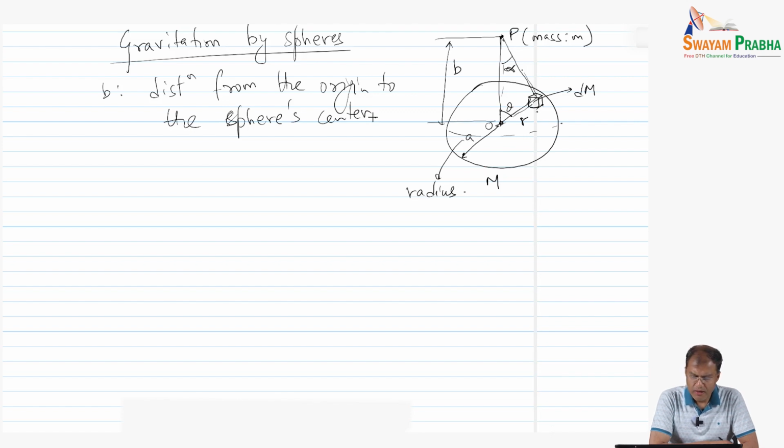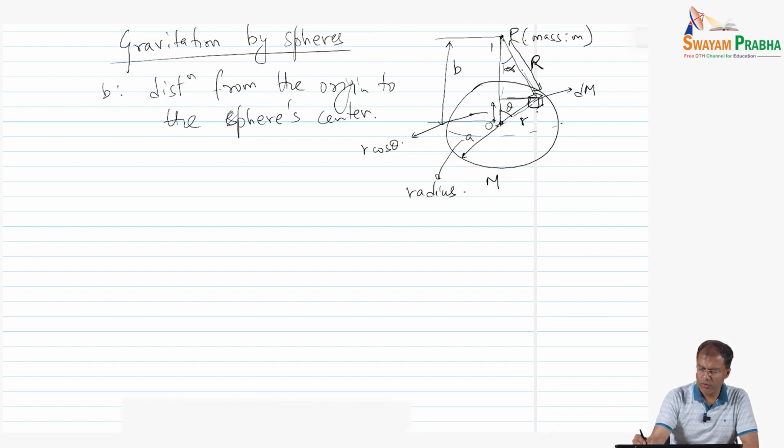So then we see that from this triangle, this particular distance is going to be r cos theta. And then, if this is our capital R, then this particular distance in this triangle is going to be capital R cos alpha. So I think now we are ready to write the infinitesimal gravitational force of attraction.